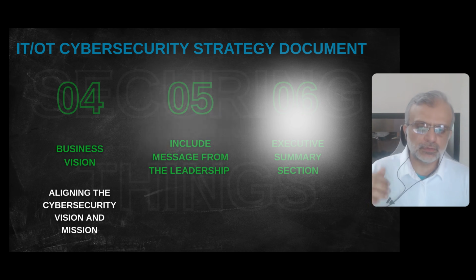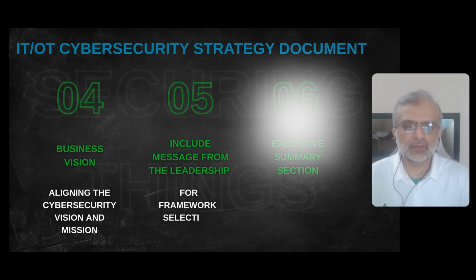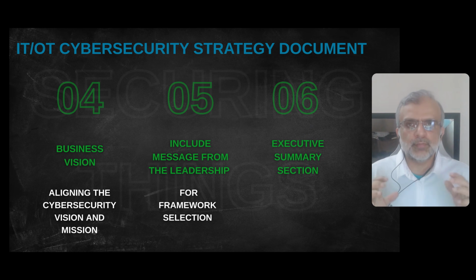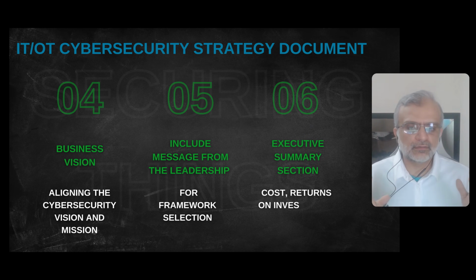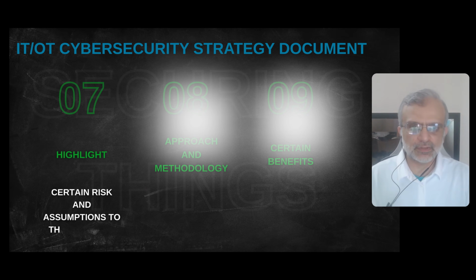Then we'll include the approach and methodology for framework selection that we would want to adopt, and certain benefits, cost, return on investments. We would also need to highlight certain risks and assumptions to the strategy.